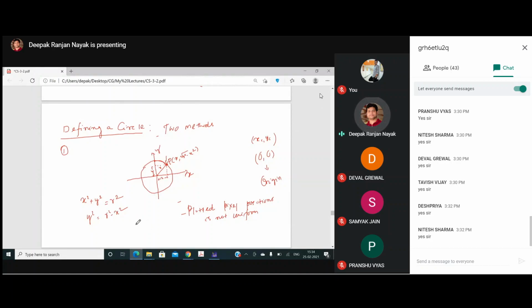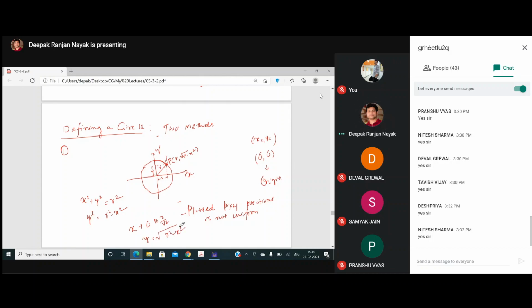X value will be from 0 to R by root 2. And the Y coordinate value you can calculate. For every step of this X value, the Y value will be evaluated with the help of the formula square root of R square minus X square.